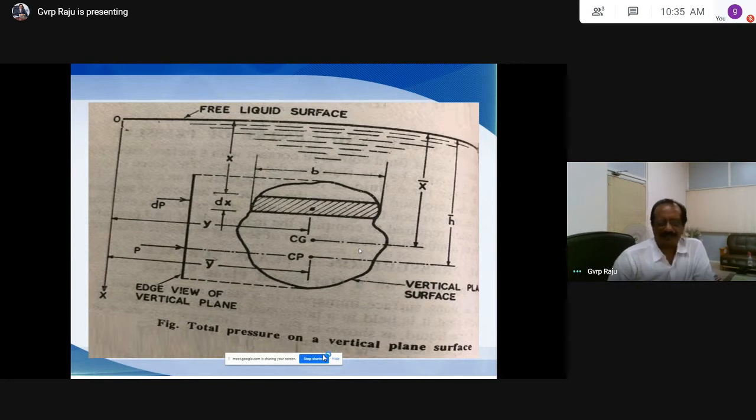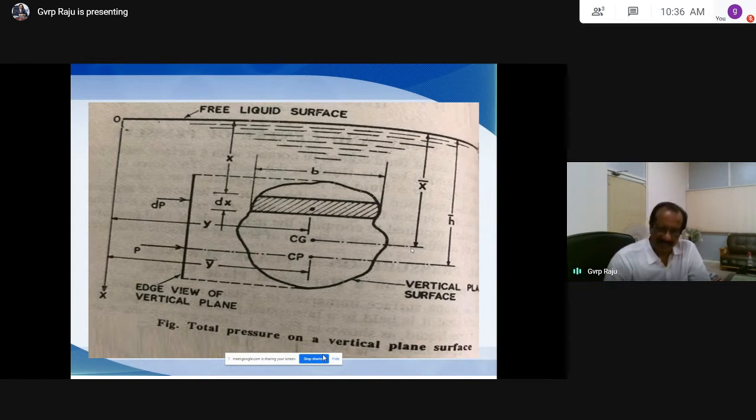Even if the depth of immersion is doubled, the moment of inertia is the same, because for the circle, ICG is pi d to the 4 by 64. There is no change in moment of inertia.